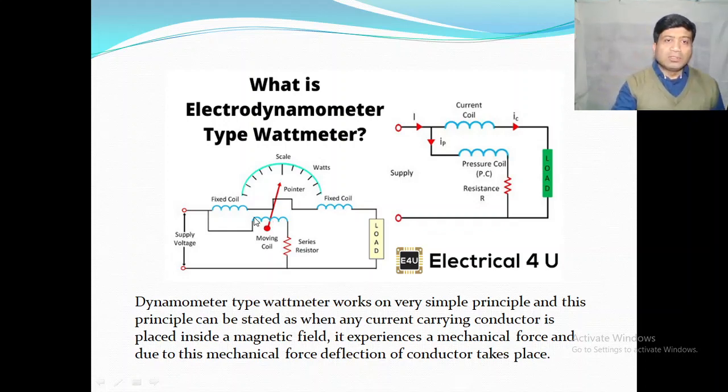These two magnetic fields, the magnetic field of the fixed coil and the magnetic field of the moving coil, interact with each other to result in a motion of the moving coil and hence the motion of the pointer.